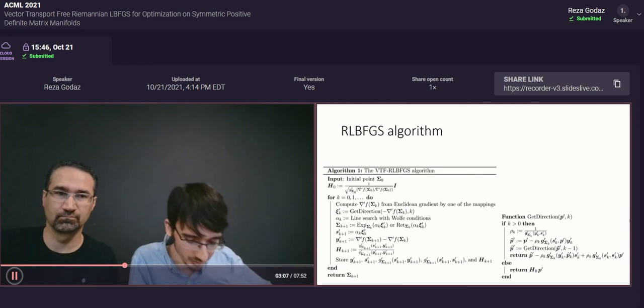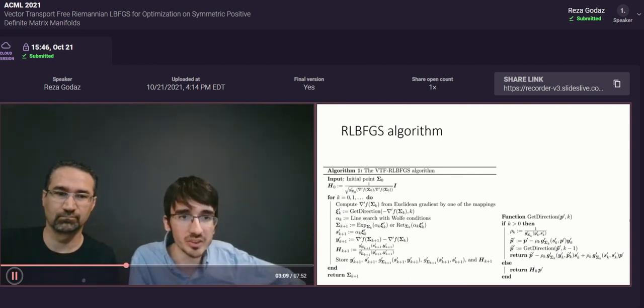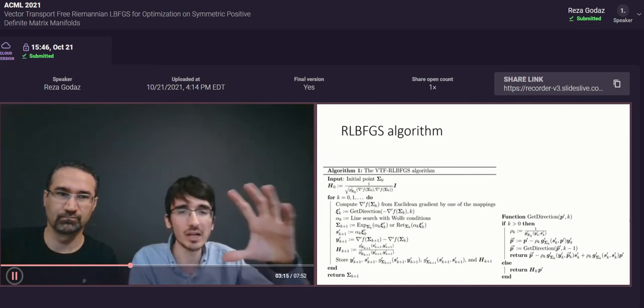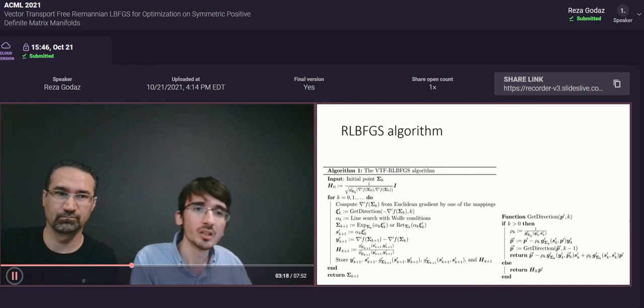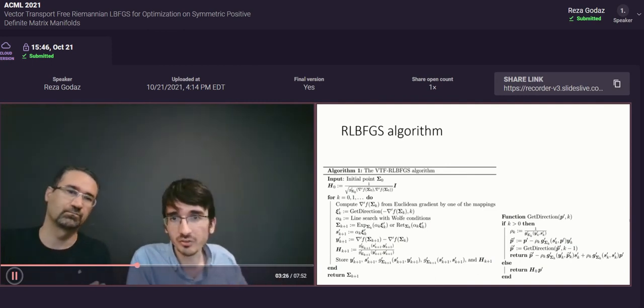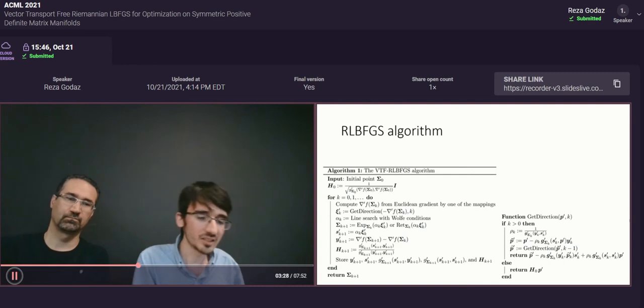It's just a quasi-Newton method for optimization. We have a body of the algorithm in which we find a direction, and with a line search we find the step size. The get direction function is a recursive function which has a memory.